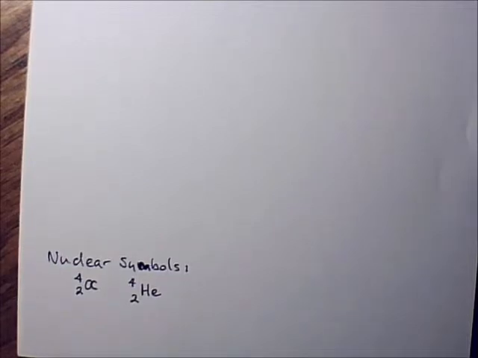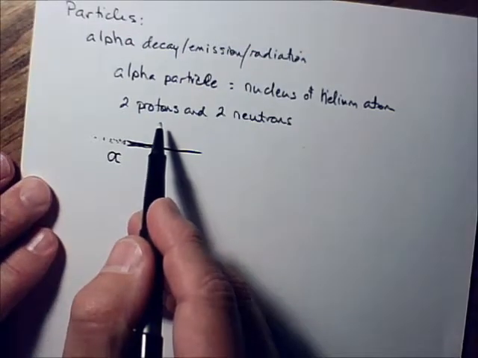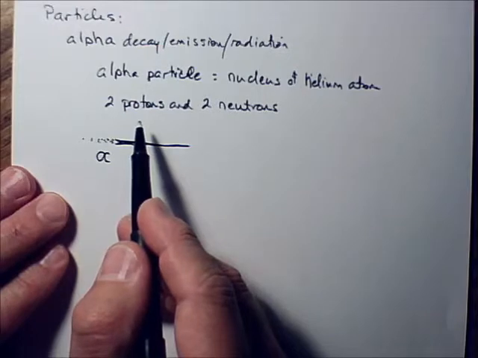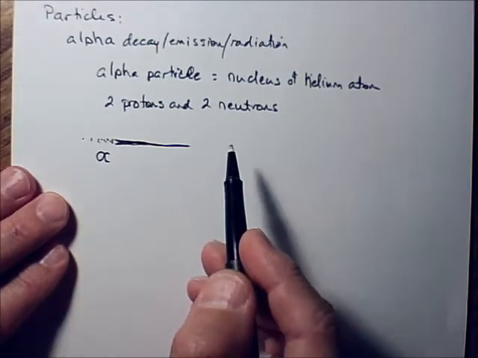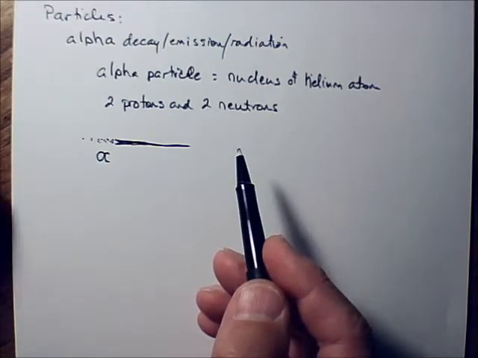But that's helium, the atom. This is alpha. The difference is this doesn't have any electrons. So if it's made of 2 protons, what charge do you have on a proton? Positive. And no electrons, because it's coming out of the nucleus. You don't have any electrons in the nucleus. Actually, you do. We'll talk about that next.